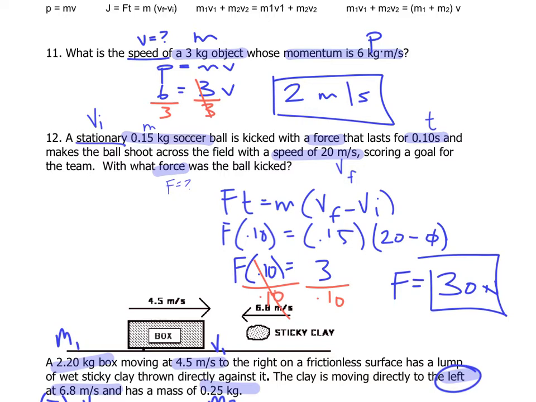And when I multiply the mass and velocity of the clay, I get a momentum of a negative 1.7. All I need to do now is add a positive 9.9 with a negative 1.7, and that gives me a total of 8.2 kilograms times meters per second.